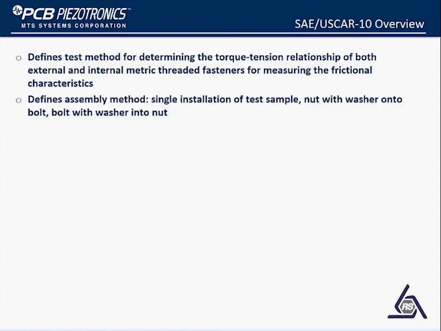It defines the assembly method, the single installation of the test sample nut with washer onto bolt, or bolt with washer into nut. It defines what the characteristics of the bolts or screws, the nuts and washers should be, plating, cleanliness, and so forth. And it also specifies the test equipment that should be used.